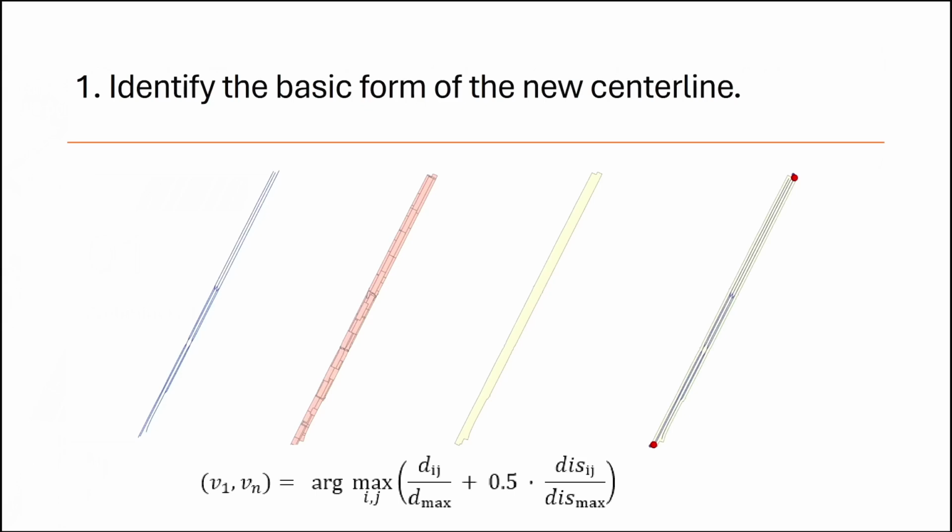So the main idea is to find 2 points that represent the new center line the best, by using the equation below, by looking at the distance and the angle, and that forms the basic form of the new center line.